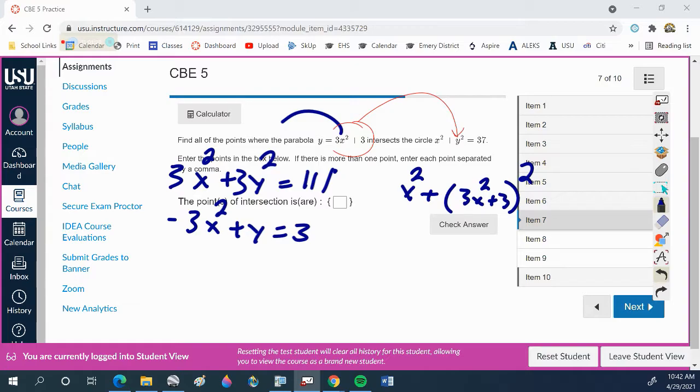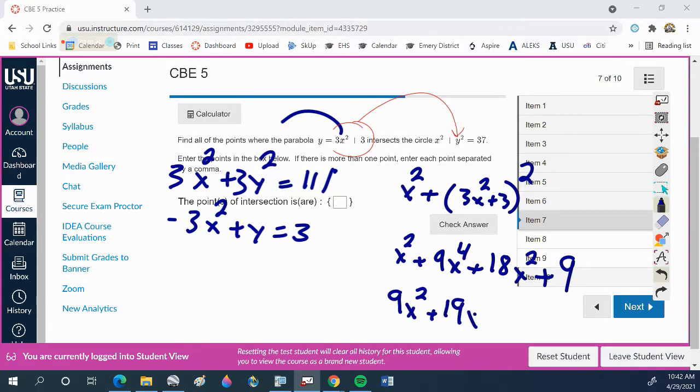I would get x squared plus 9x to the 4th plus 3 times 3 is 9, double that, 18x squared plus 9. So 9x to the 4th plus 19x squared plus 9. And then you'd have to factor that. Actually, I'm going to do both. Yeah, I definitely want to show you both.